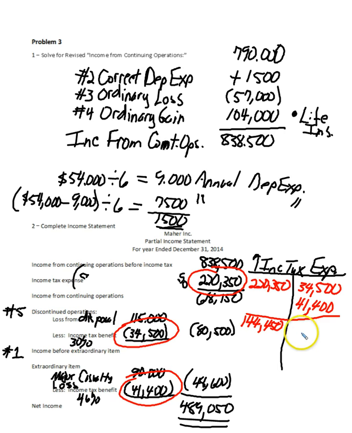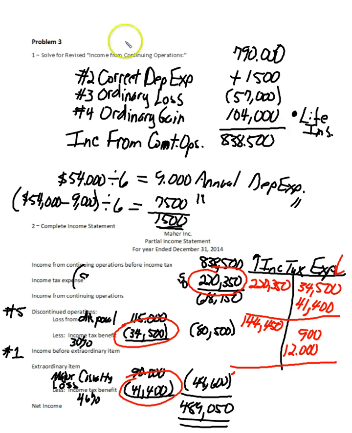So back over here, we had two benefits, $900 and $12,000. Those were tax benefits, so they're going to go on the decrease side. So we had $144,450, net those two, and we get a net tax expense of, hang on a minute, I said that wrong, didn't I? Sorry about that.